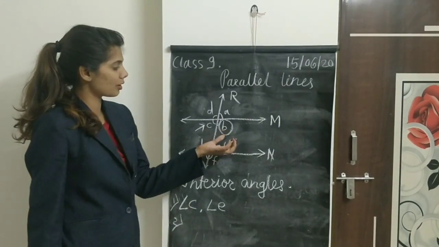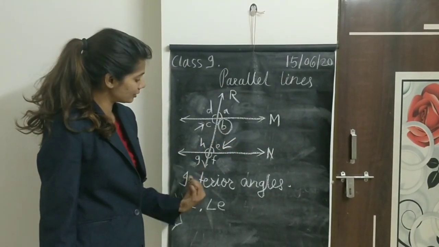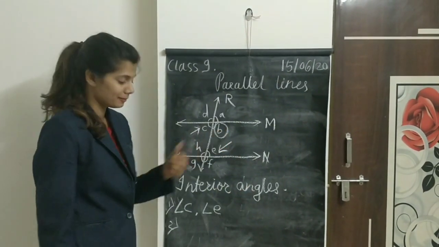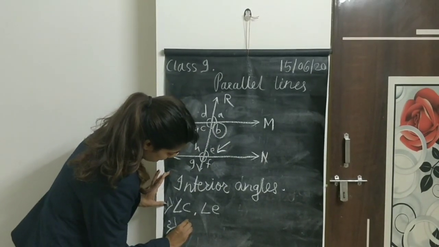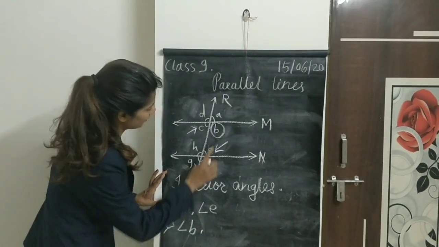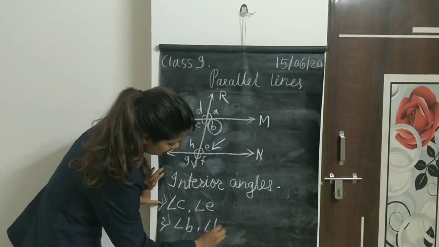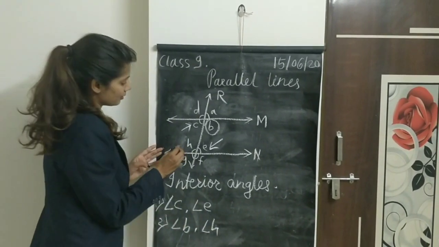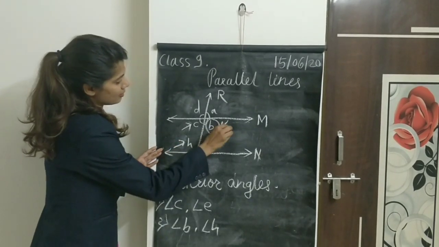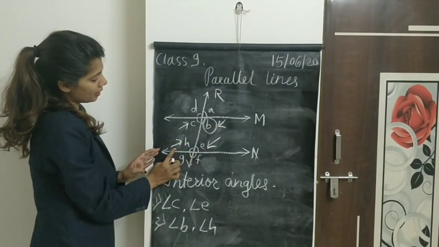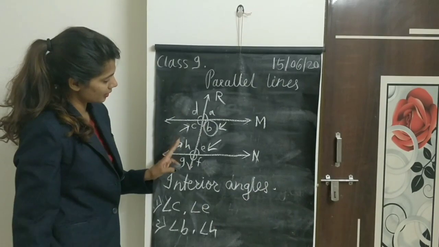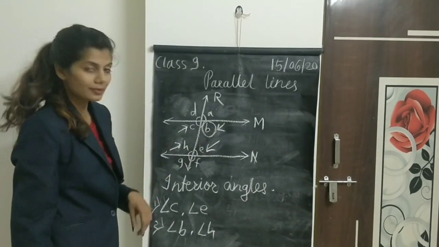Now, the alternate interior angle of B is angle H. So angle B and angle H is the second pair of alternate interior angles.